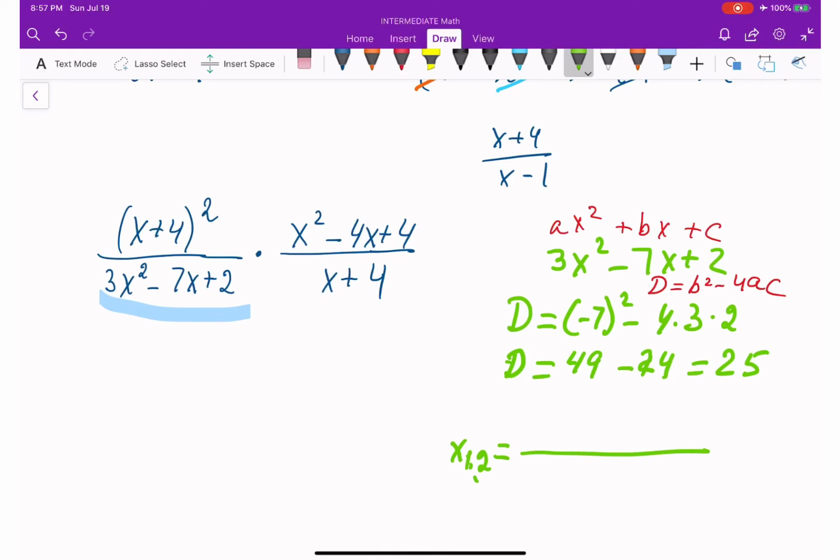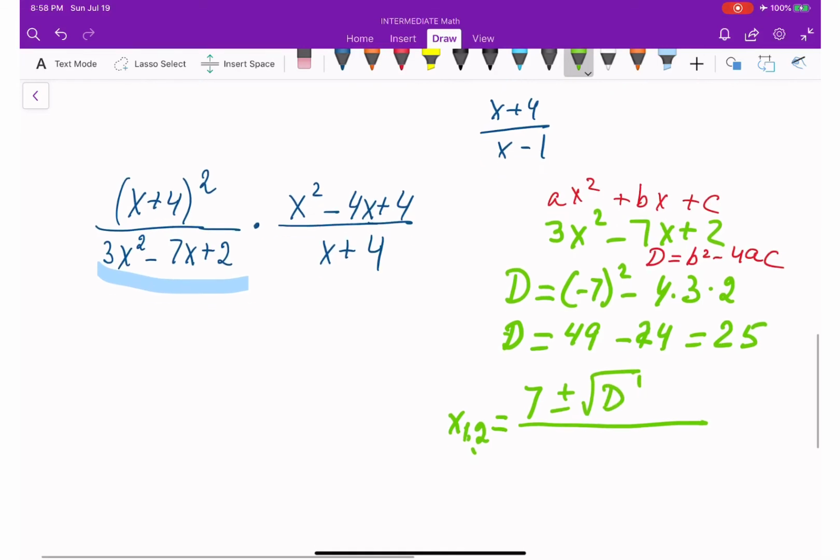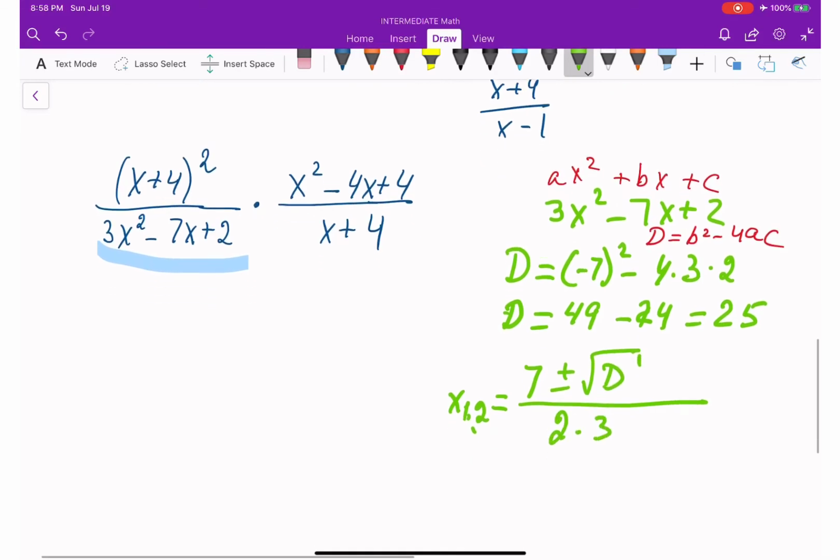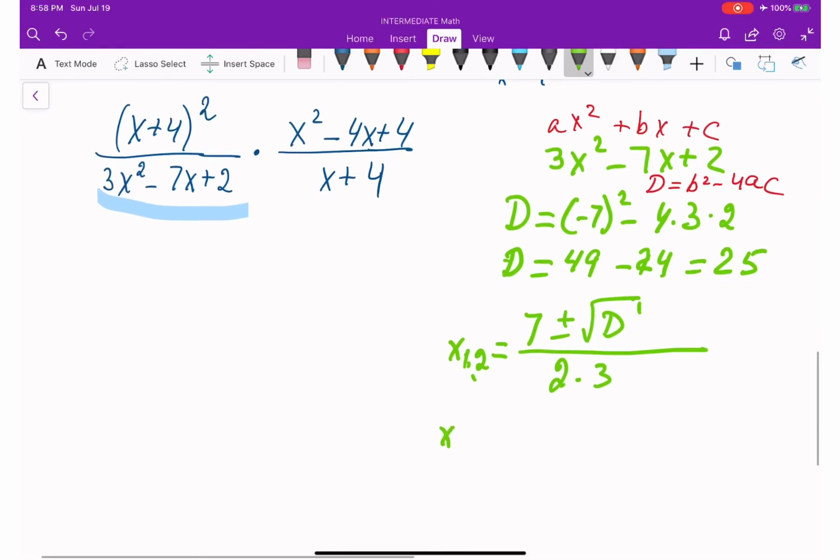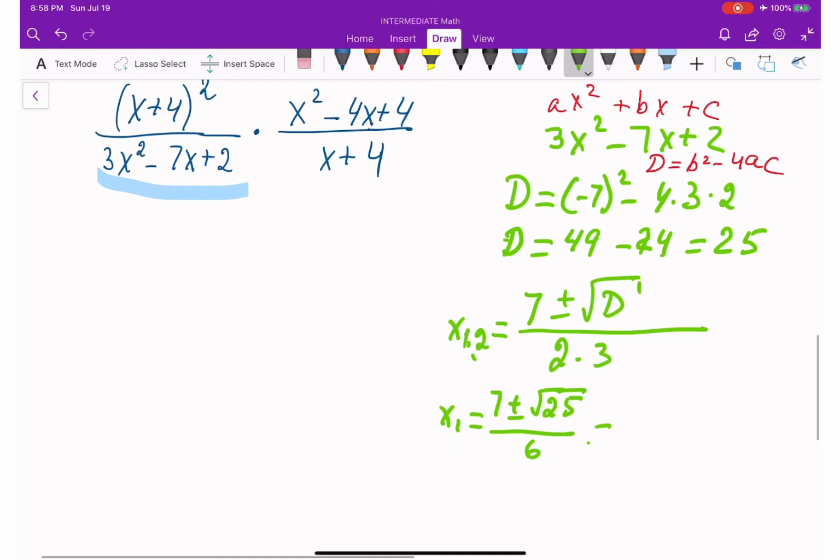If my b is negative 7, then negative b will be positive 7, plus minus the square root of the discriminant over 2 times a. A is 3. So from here, x1,2 is equal to 7 plus minus the square root of 25 over 6, which is equal to 7 plus minus 5 over 6.